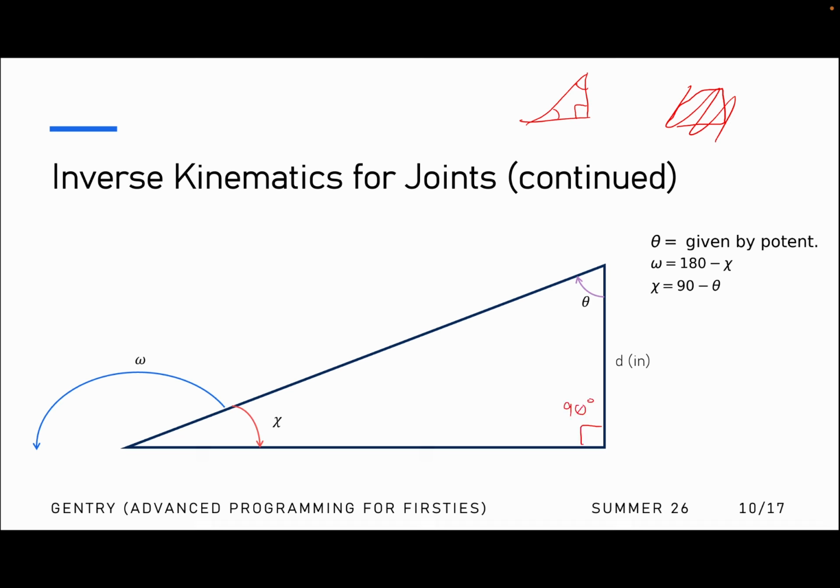And then we know that theta is given by our potentiometer. And then we know that our omega is going to be 180 degrees minus chi. Well, how do we find chi? Chi is going to be 90, which comes from 180 minus 90, right? Because we already know we have a right angle there, minus our theta, and then we get chi.